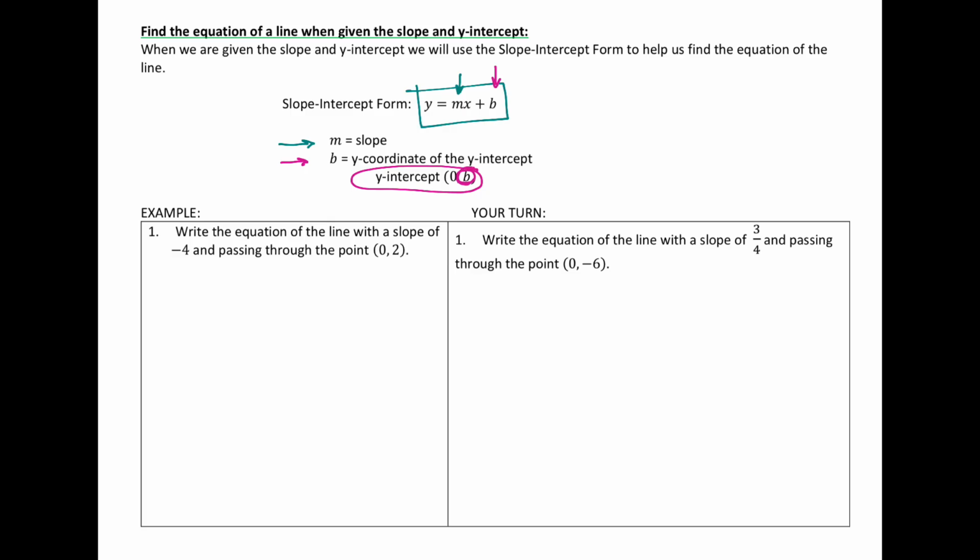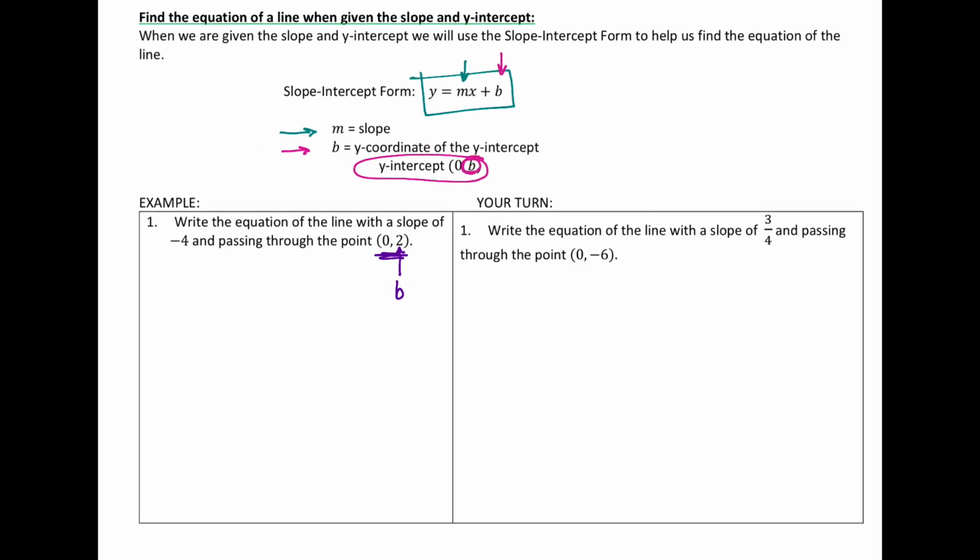Okay, so you look down here in the example that we have. Because it is written as (0, 2), that means 2 is b. And the top line says a slope of -4. That means this is m. You have them both.